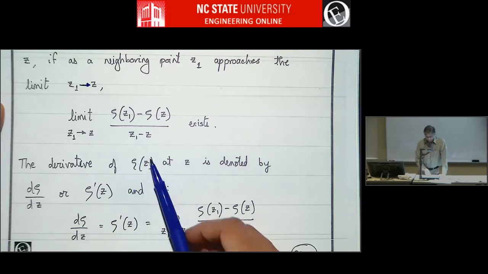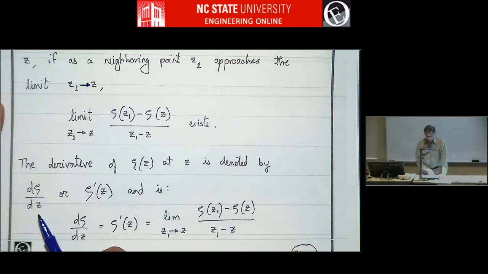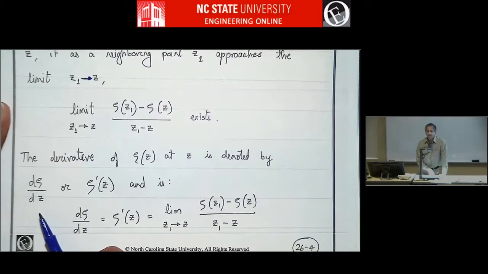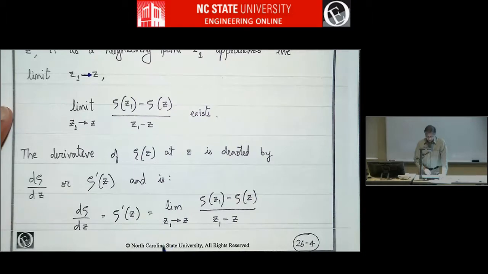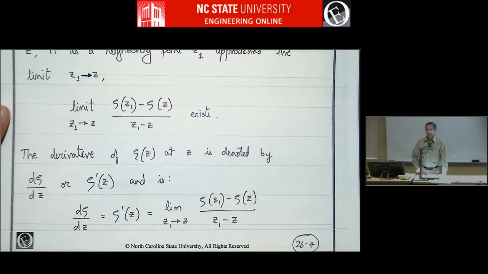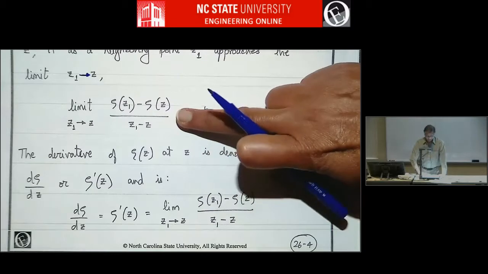The derivative of zeta at z is denoted by d zeta dz or zeta prime, and the definition is, in the limit as z1 goes to z, zeta at z1 minus zeta at z divided by z1 minus z. So essentially this is the derivative.